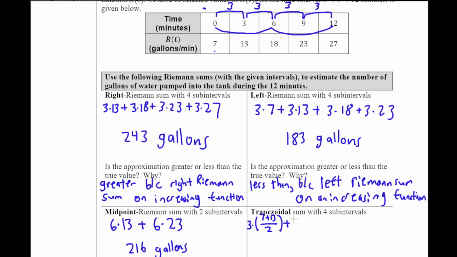Second trapezoid. Height is 3 again, times, on the top of the fraction, 13 plus 18 over 2, plus 3 times 18 plus 23.